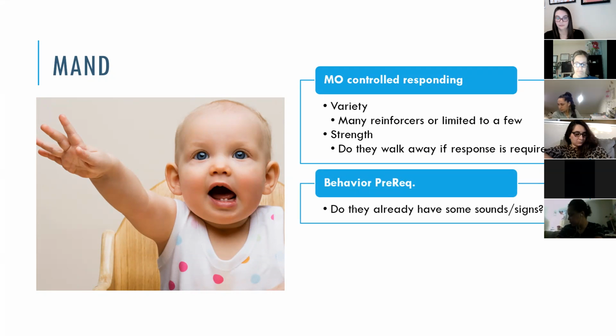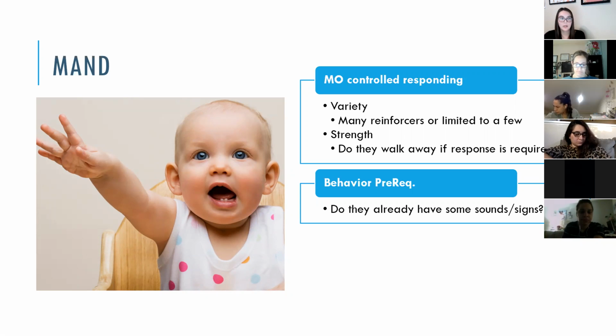All right, so we talked about the antecedents, so now the actual behavior. Do they already have some vocalizations, or do they already have some ability to use their hands to make signs, or some sort of prerequisites for manding? Oh, that's the consequence one.